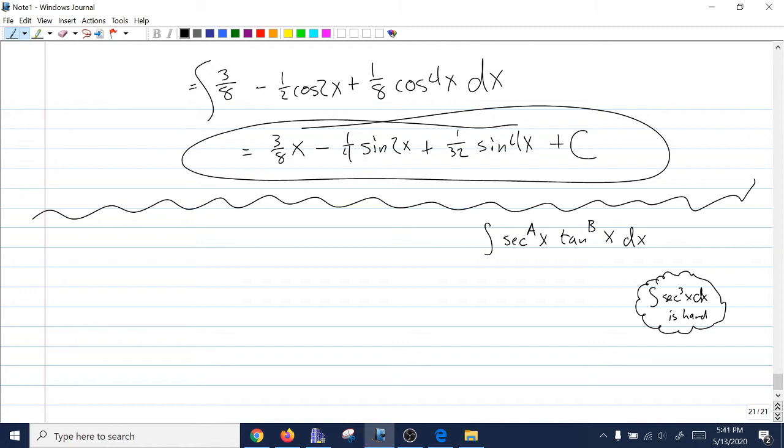So the hard version is when A is odd and B is even. I guess I gotta switch the battery again.